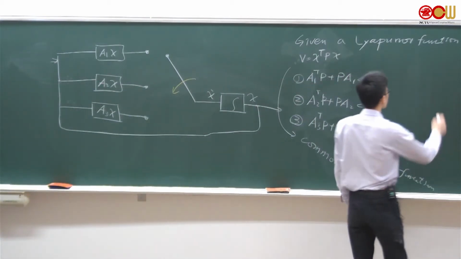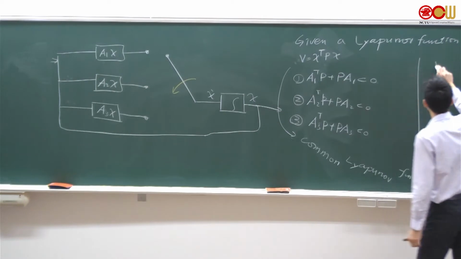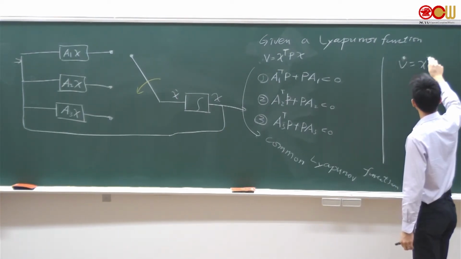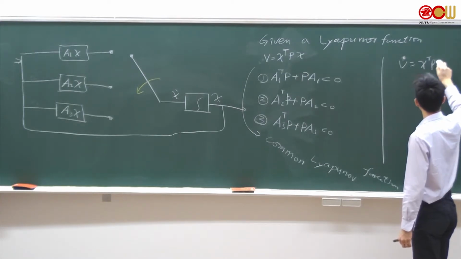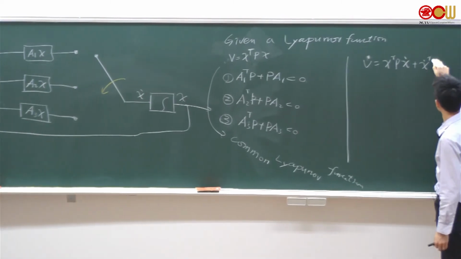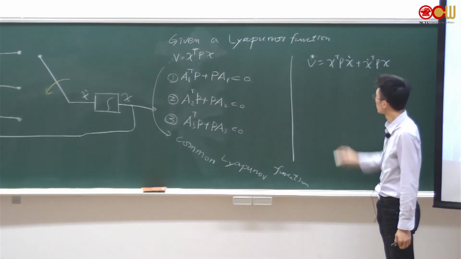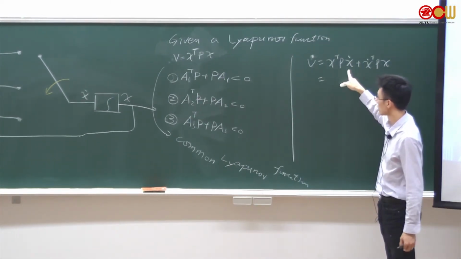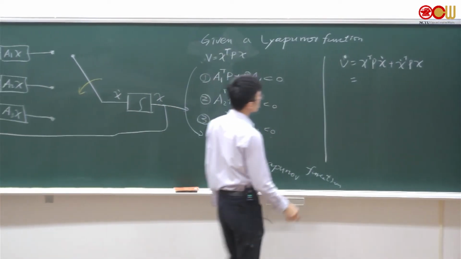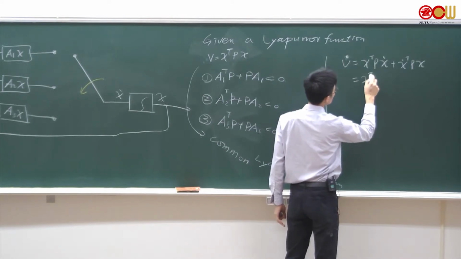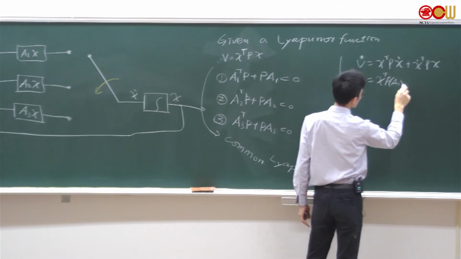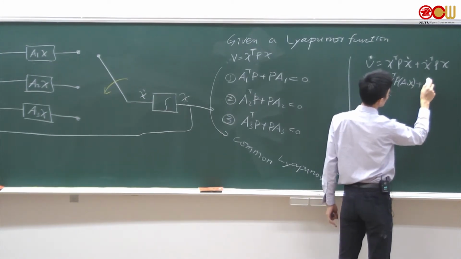So how can we prove this? V is this, and V dot is x transpose P x dot plus its transpose, and you substitute x dot here. x dot is equal to Ax, for example, A1x.